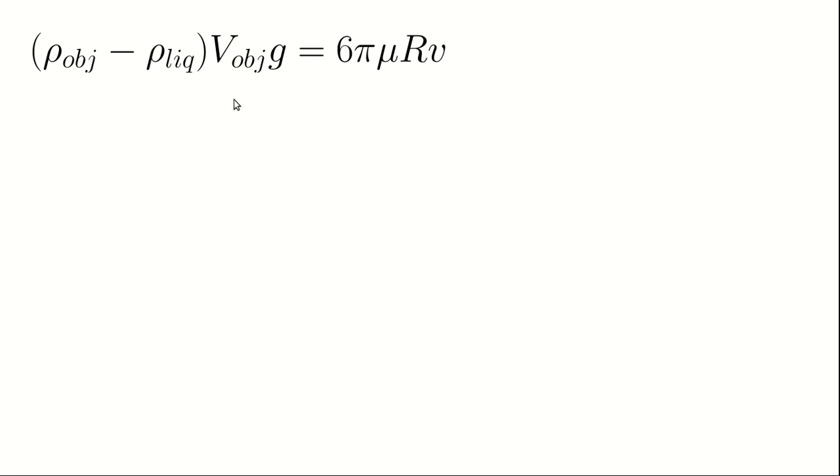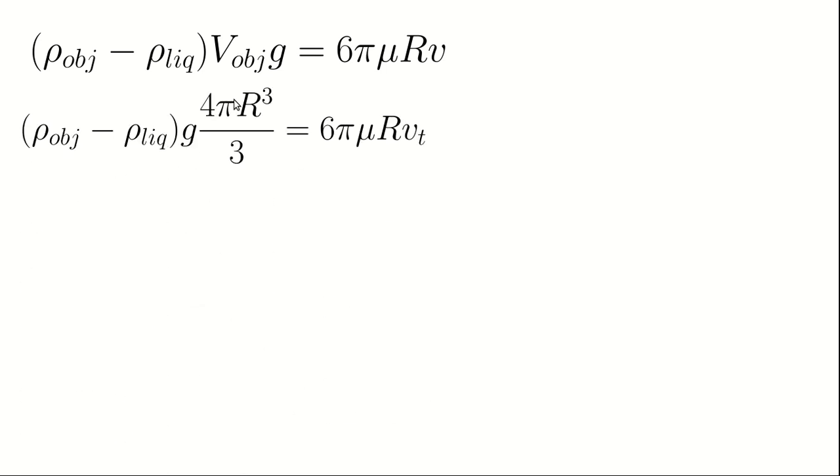Then you can bring it in, and at this point you can do your cancellation. Pi will take care of pi, 2 will take care of 2, leaving 3. That 3 comes down, you are left with 2 over 9. Then this r will take care of this r, so you now have 2 over 9 g r squared equal to mu vt.